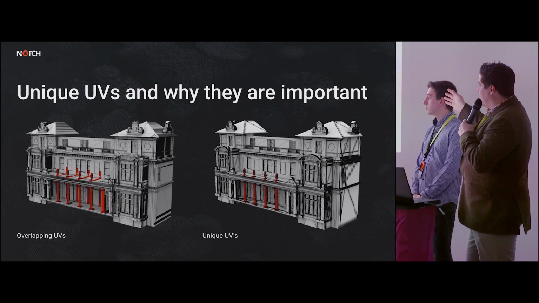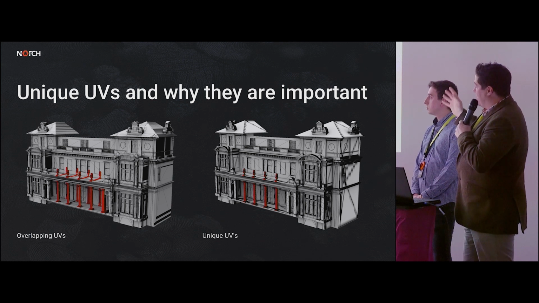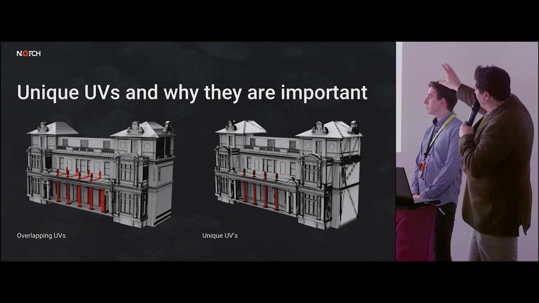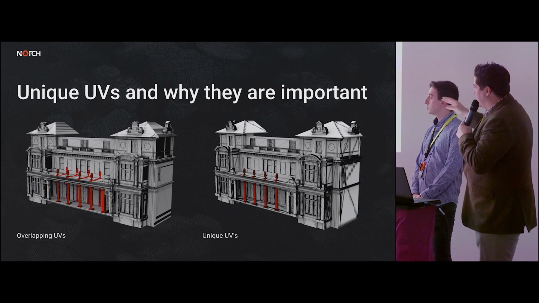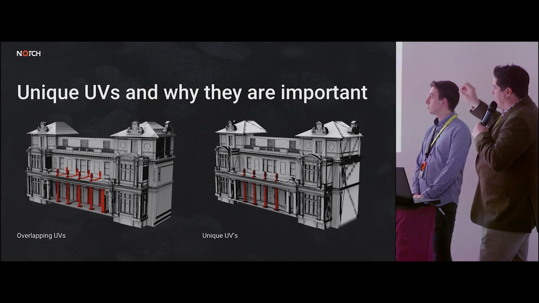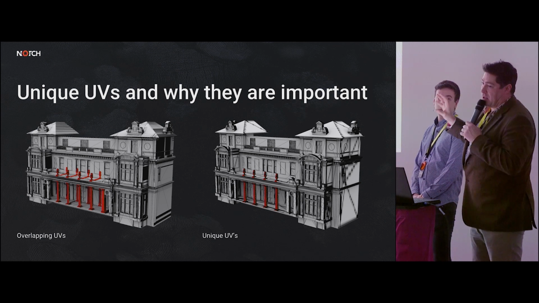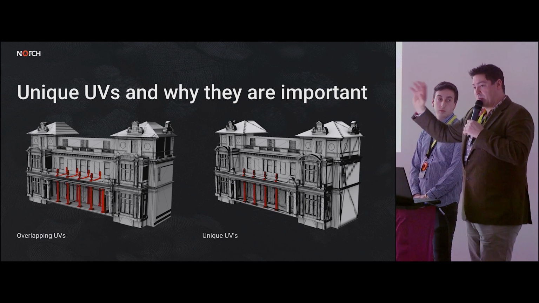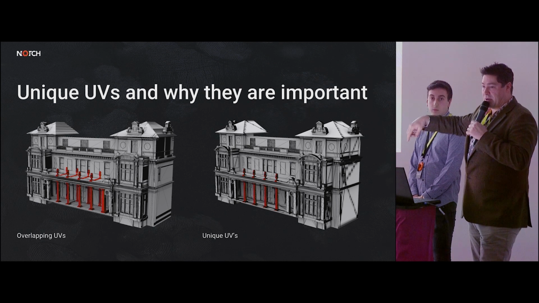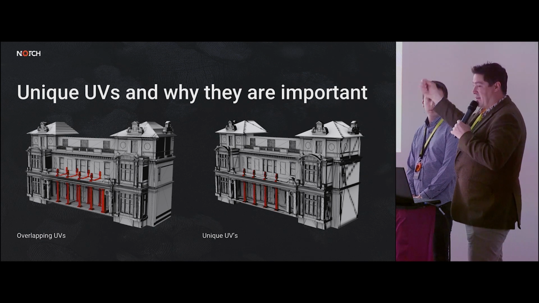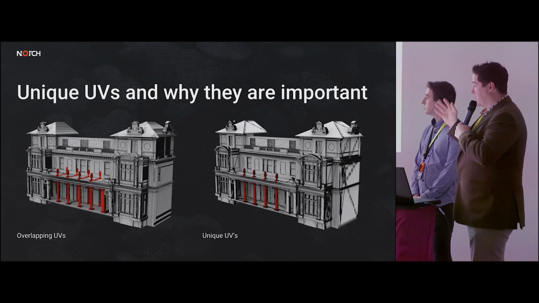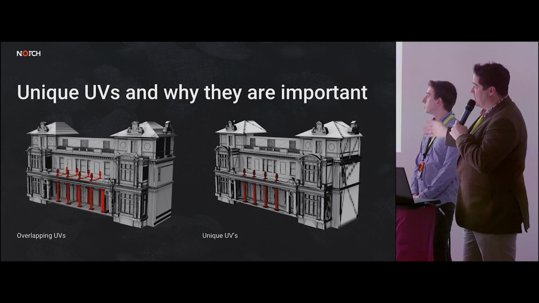So what we did is, on the right-hand side, we made all the UVs unique. You can see, I'll show you this later, but the pillars are all red, but nothing else is red. And the best thing about it is you can select the UVs of the pillars, and you can put them on a big chunk of texture map on their own, and you can just paint the color red on it. It's not going to get onto any other part of the building.